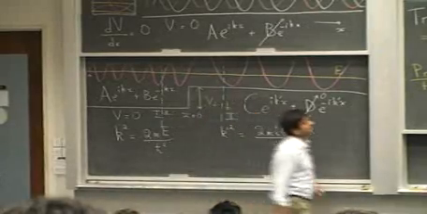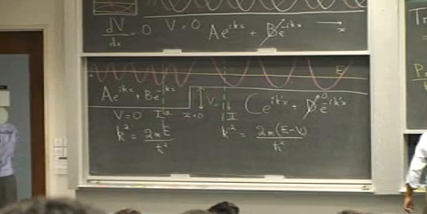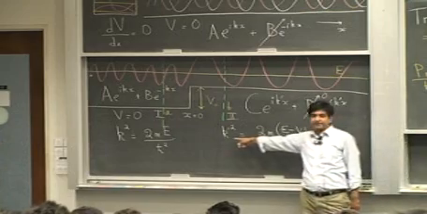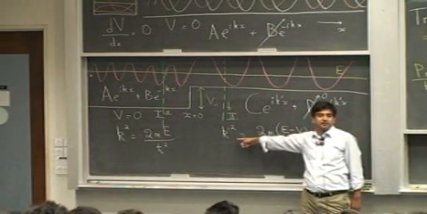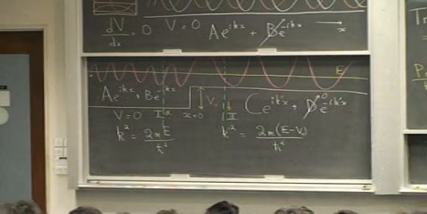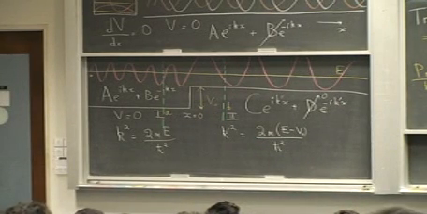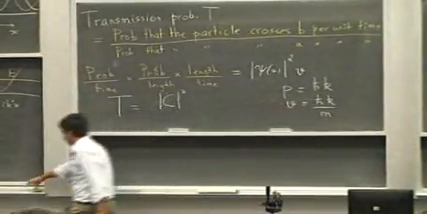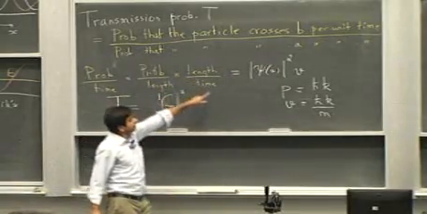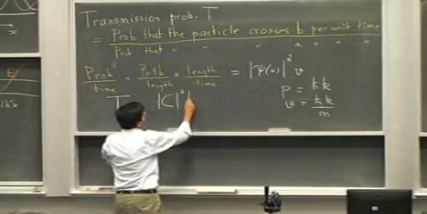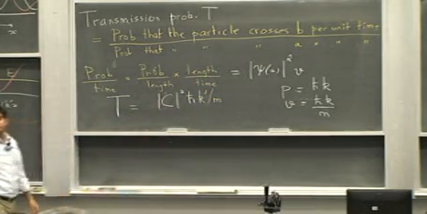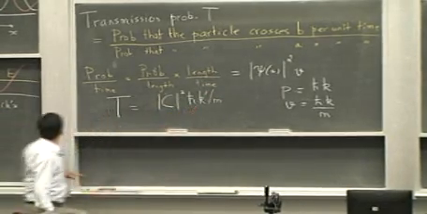It's |C|². And what is the speed of the particle? I can find the momentum: the momentum p is given by h bar k. So the speed is given by h bar k over the mass of the particle. So in region 2, the velocity of the particle is simply h bar k' over m, where k' is given by this.